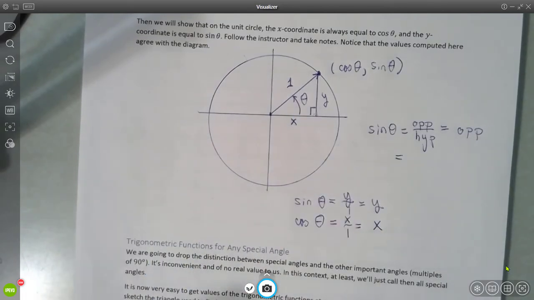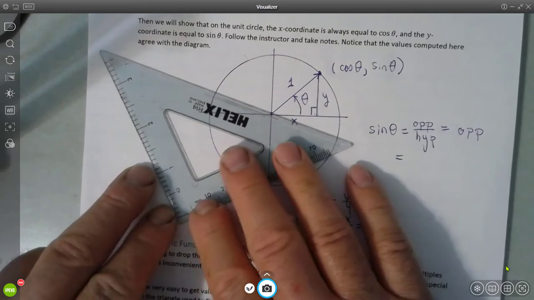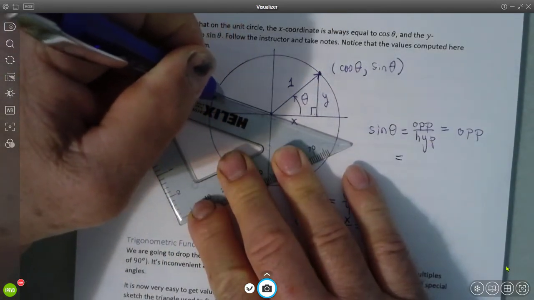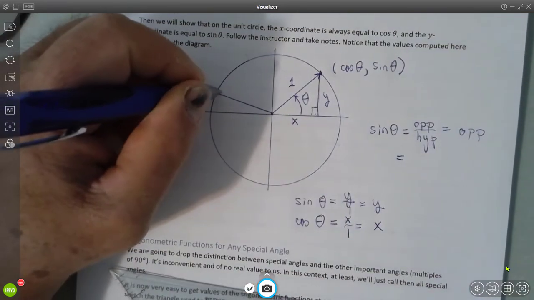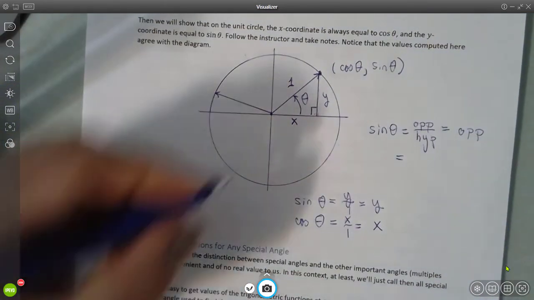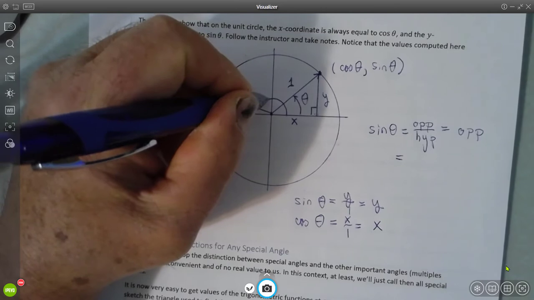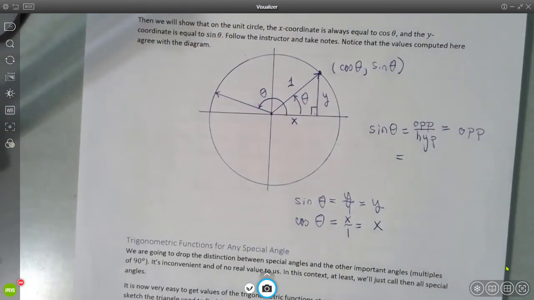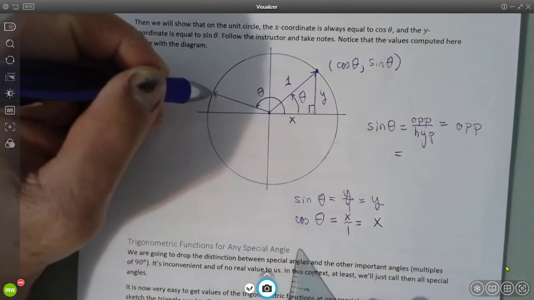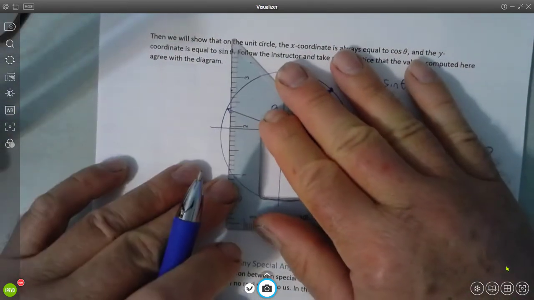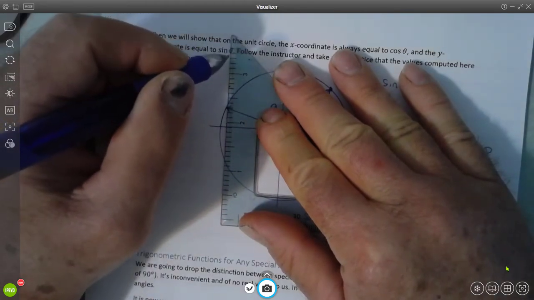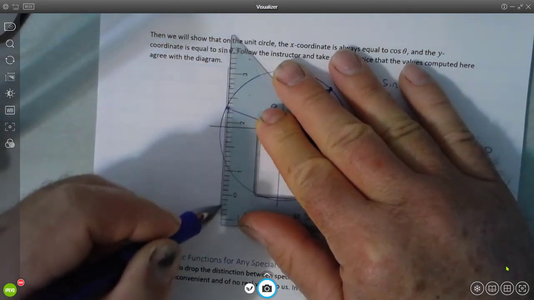Now, we've said a little bit before about what you do for sine and cosine if you're outside of the first quadrant. Say you were over at this angle right here. Well, what you do, this is our new value of theta right here, this big angle, is you look at the reference angle, which is, remember the old trick, tie a string on there that's loose on both ends, put a balloon on one end and a brick on the other.